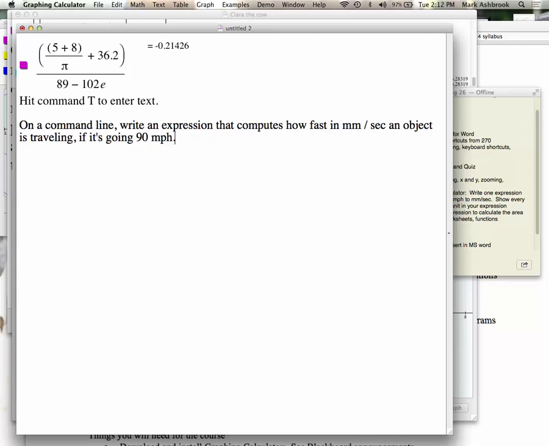Here's a little exercise. On a command line, write an expression that computes how fast in millimeters per second the object is traveling if it's going 90 miles per hour.